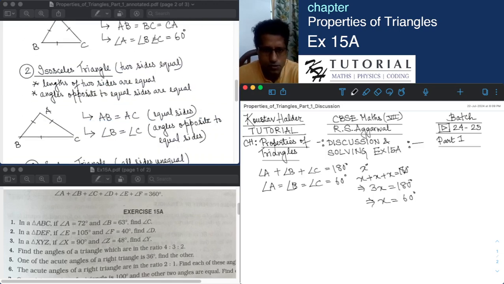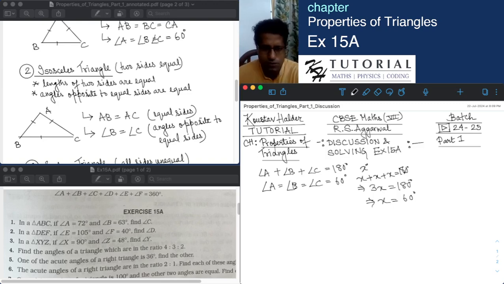Now, the isosceles triangle. In an isosceles triangle, we have 2 sides equal. Two sides will be equal, and the third side will be of some different length. Now, if we assume that the sides AB and AC are equal, so in the figure you can see we have AB equals AC.